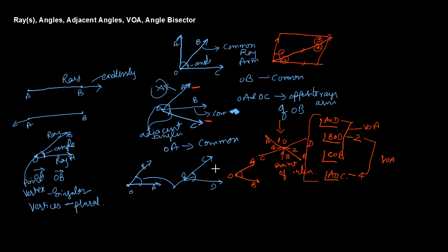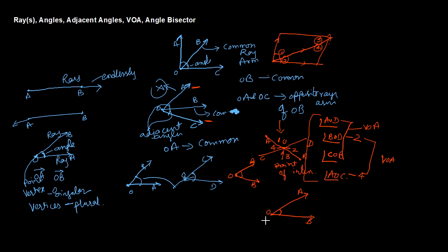Let's understand one more, because I didn't want to include this in this section, but still it will be a very important concept. Angle bisector. You use this in lots and lots of chapters. So let's say if I take an angle, so any angle A, B, O. Let's say this is my angle.